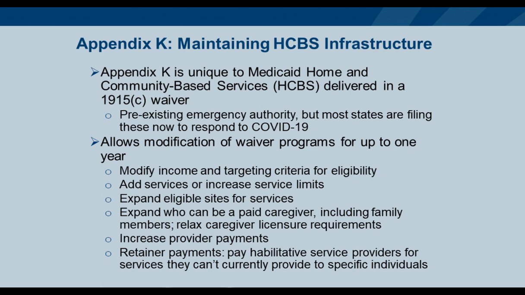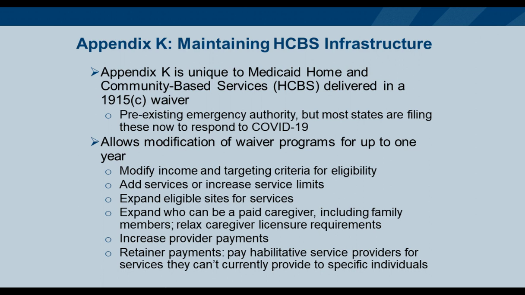States can modify the income and targeting criteria for eligibility in a waiver, so they can increase the amount of assets, for example, that an individual living in the community can have and still be considered eligible for their services, or they can expand the types of individuals and the types of service needs that have to be present for eligibility purposes.